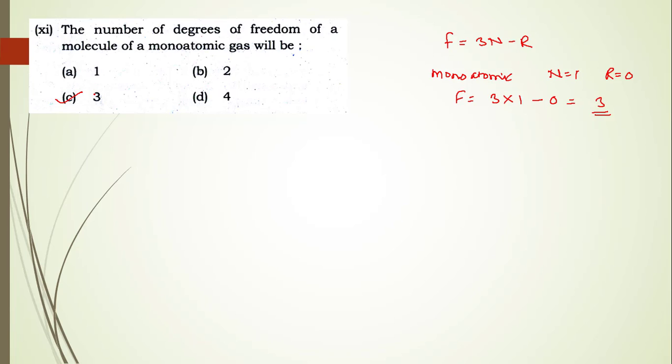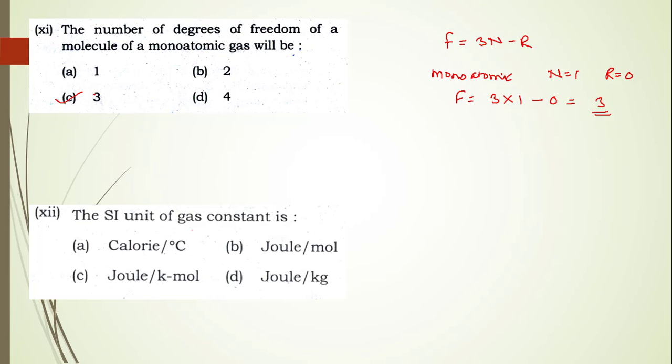Now moving towards the 12th question. You can see here, SI unit of gas constant is. We know that PV is equal to nRT. This is the gas equation, and we are going to find out the units for the gas constant. So R will be equal to PV by nT.